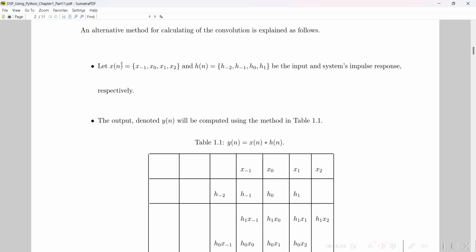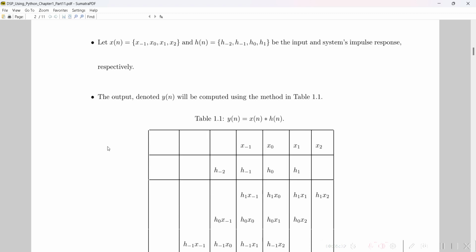Later you'll practice on another variation of such an input. And h[n] equal to h minus 2, h minus 1, h0, h1. These are the input and system's impulse response, respectively. Okay?